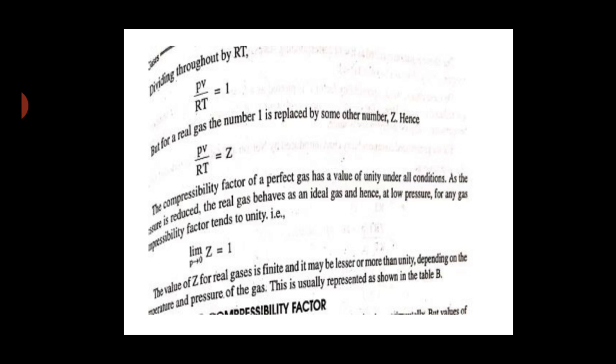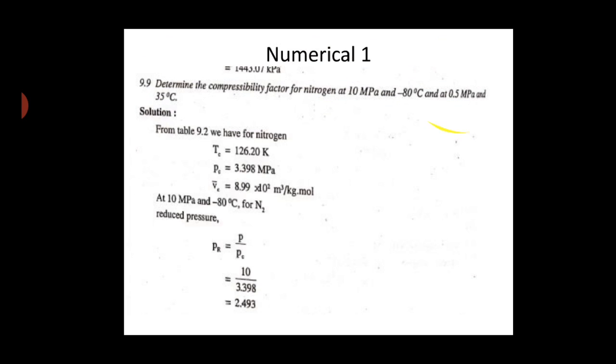So these three we are going to use to find the reduced properties, and from the reduced properties we are going to use the compressibility chart to find the value of Z.